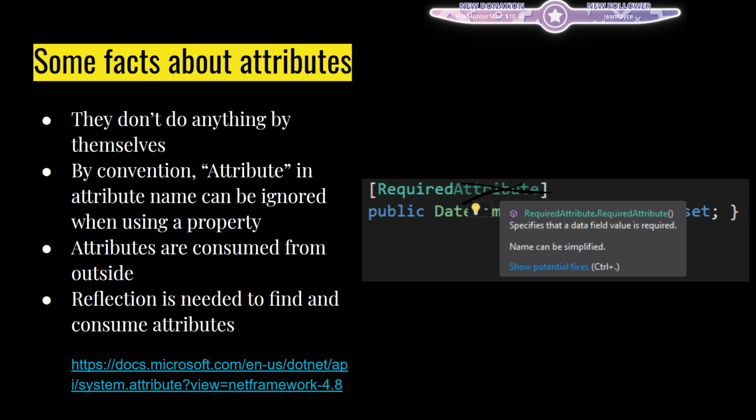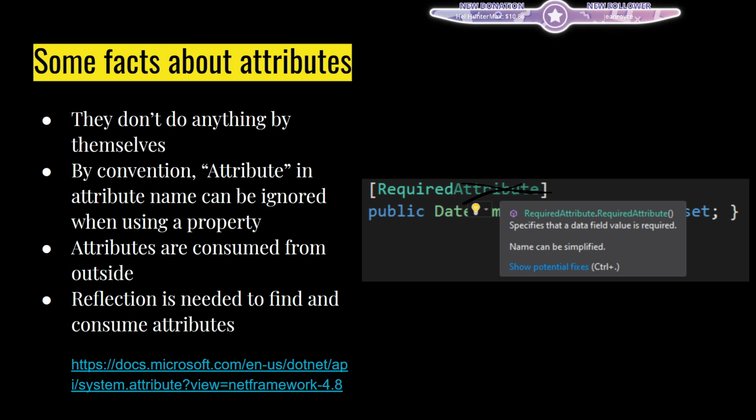The full class name for required is RequiredAttribute, but since writing attribute every time is quite redundant, you can ignore the word attribute in the name, and that'll be enough. So Required is enough. RequiredAttribute works as well, but it's redundant. As you can see in the warning, it suggests for you to remove it.